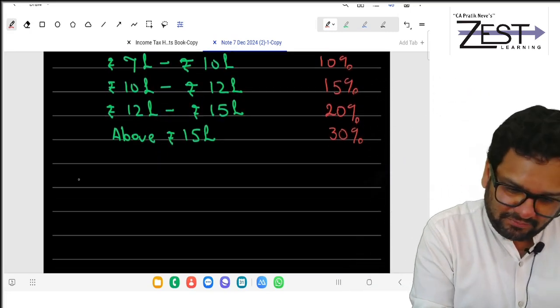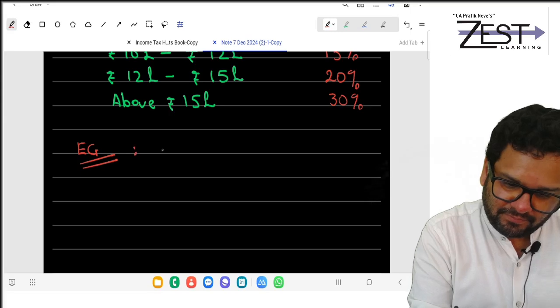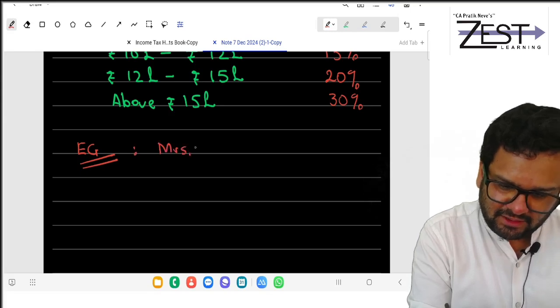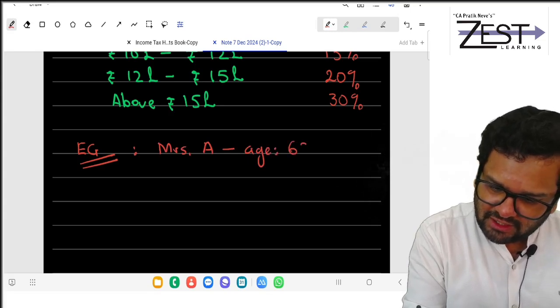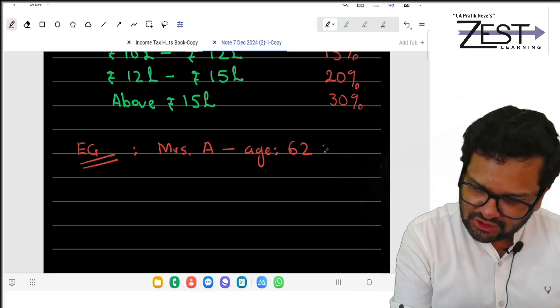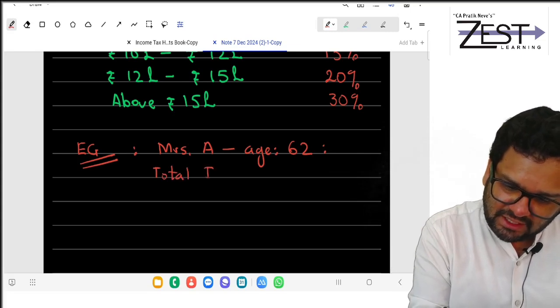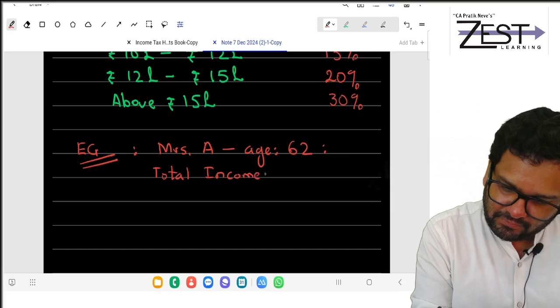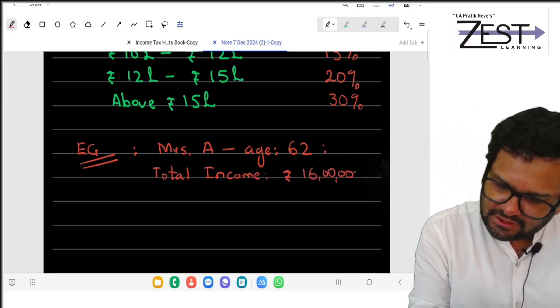For example, so I told you the many examples. Mrs. A, age. You should not even check the age actually. Mrs. A, age 62. Total income rupees 16 lakh.